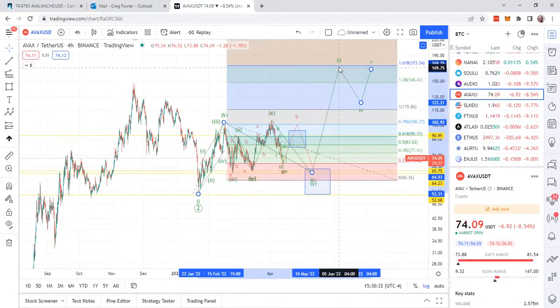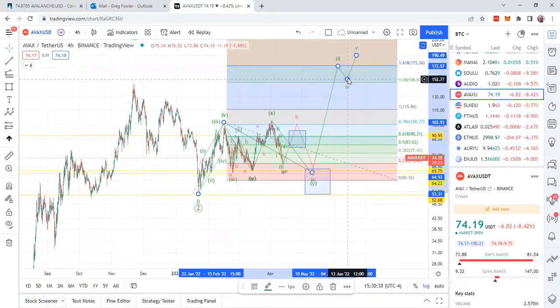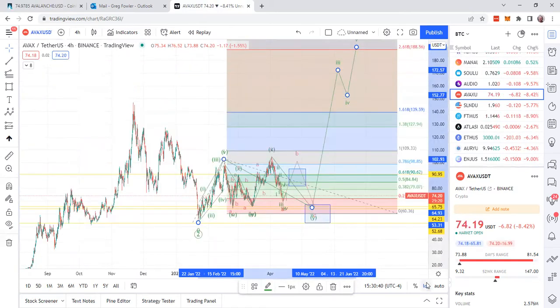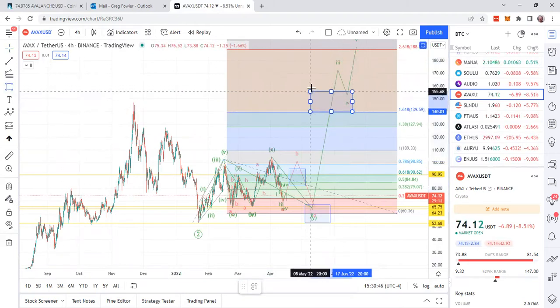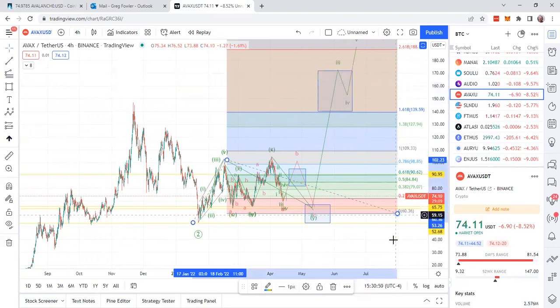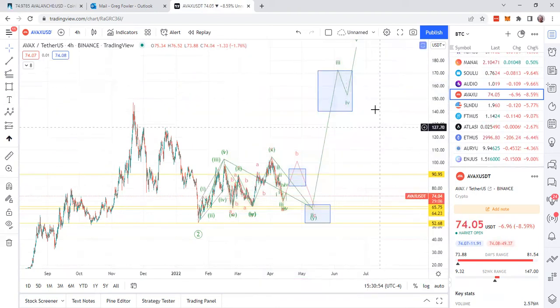I'd start looking for the market to turn around at 170, conservatively 140. 140 to 170 would be the initial target.